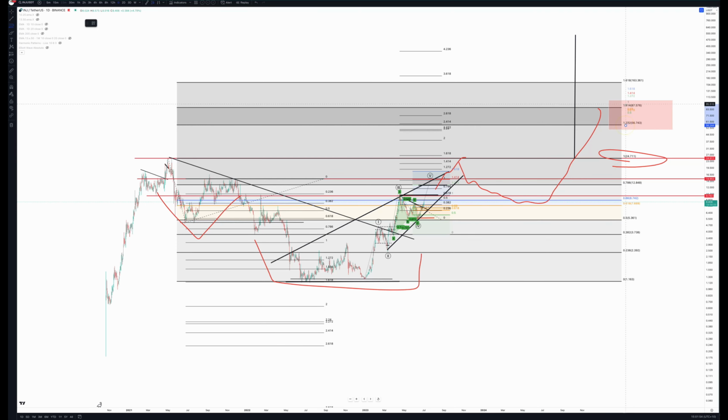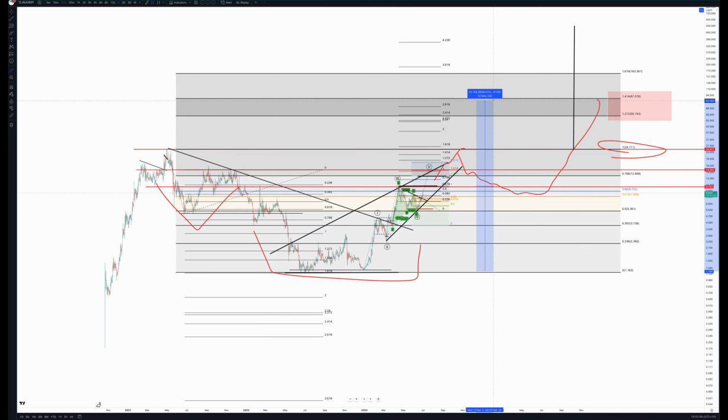These are the ones that are realistic, because if we were to measure from here to there, that's still, you know, geez, a few thousand X, right? Currently it's at 40 cents, and I'll play it conservative, and I'll look at $56 to $87 for now, based on this Fibonacci. 2.618 might be the one.